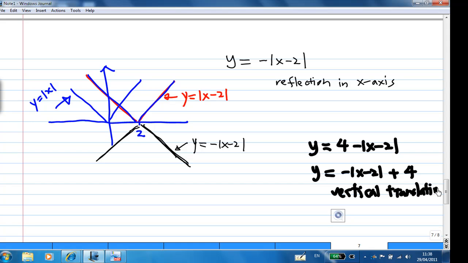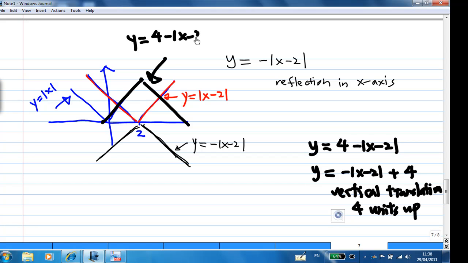So you translate 4 units up, let's say 1, 2, 3, 4. After I translate 4 units up, this is the original black curve, and after I translate 4 units up, I become something like this. Go up 4 units, right? So this is y equal to 4 minus absolute value of x minus 2. And this is the graph.